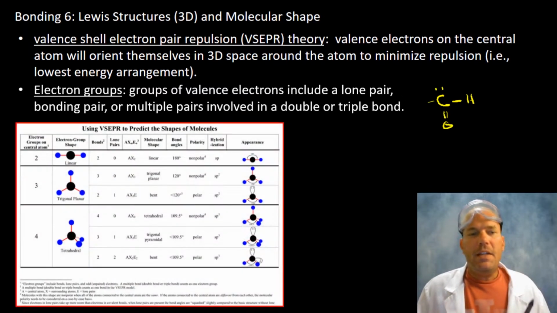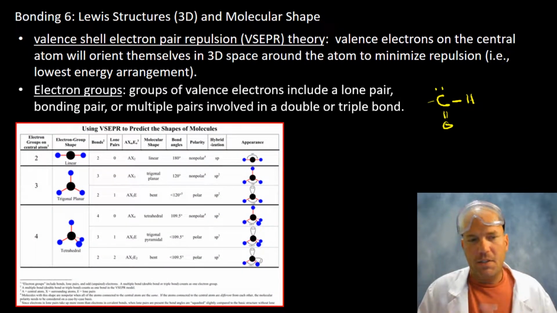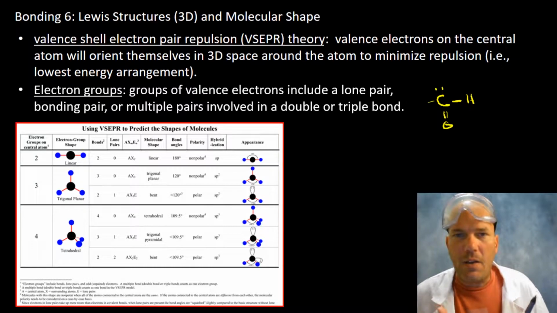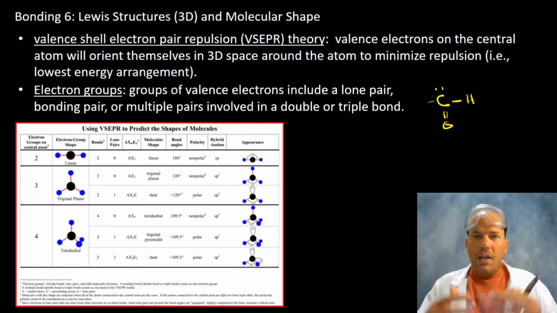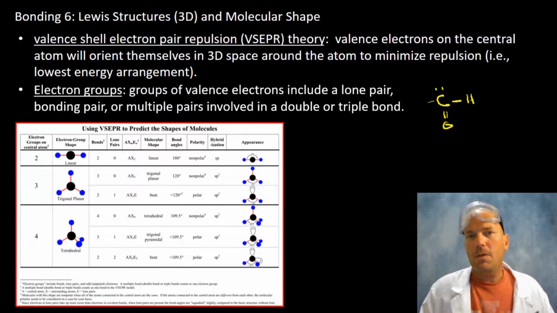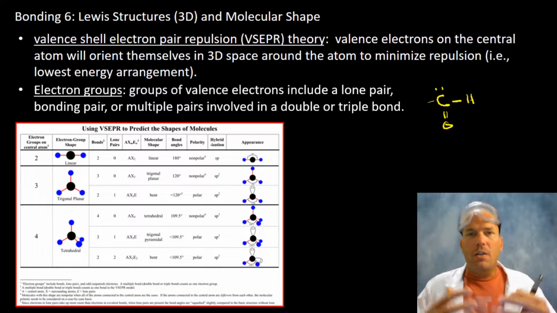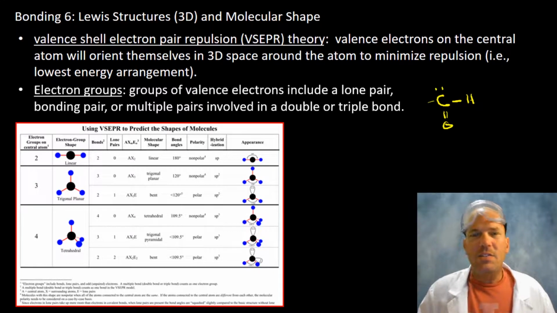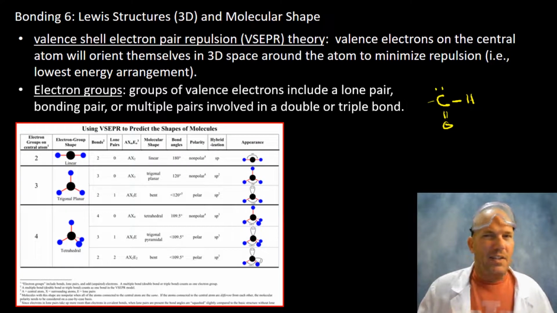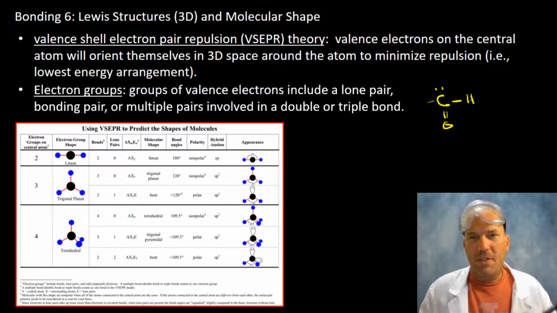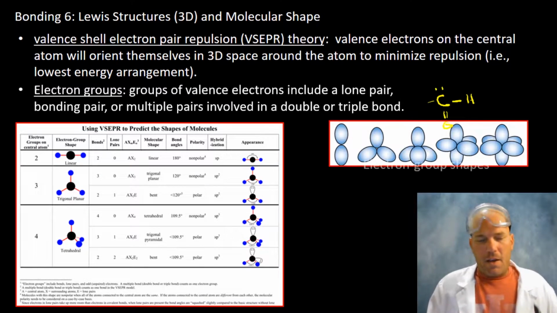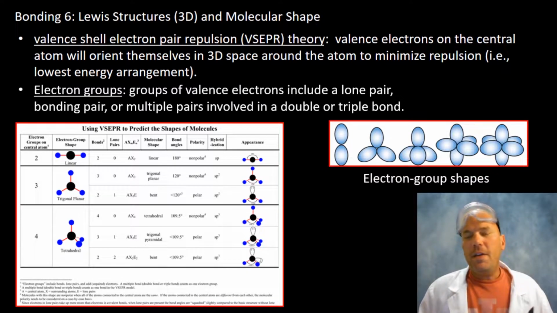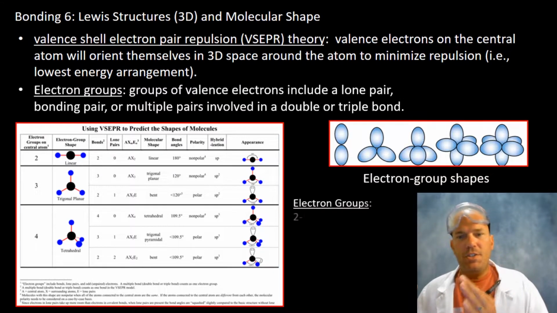I'd like for you to get out your shape sheet, and we're going to be using this throughout the next several videos as we begin to explore three-dimensional shapes along with ideal bond angles and chemical reactivity like polarity and hybridization. Now, here we have electron group shapes.